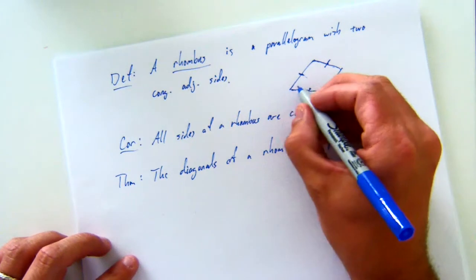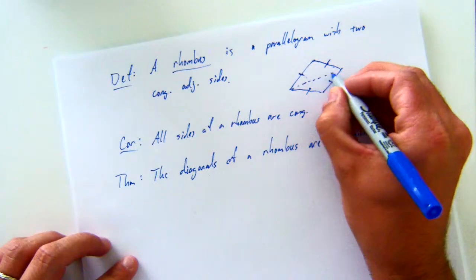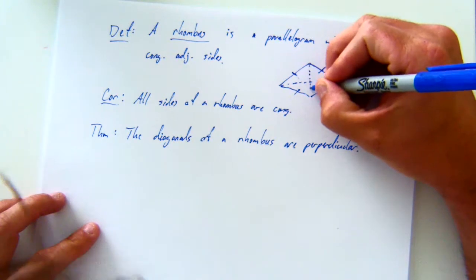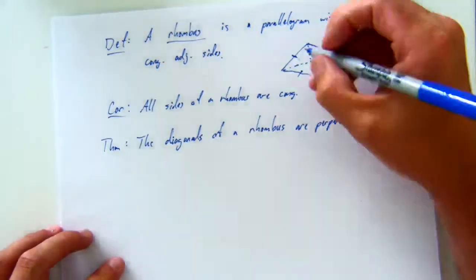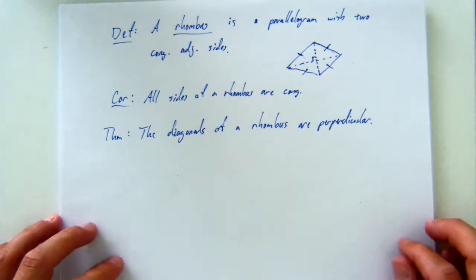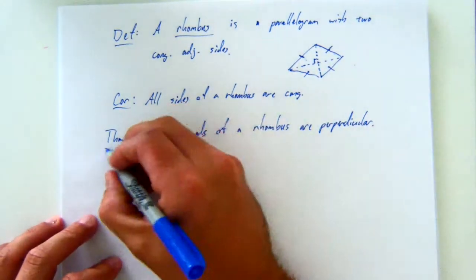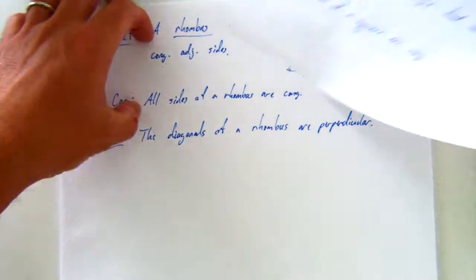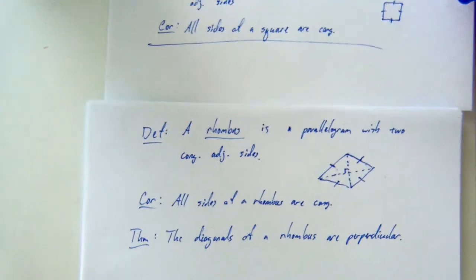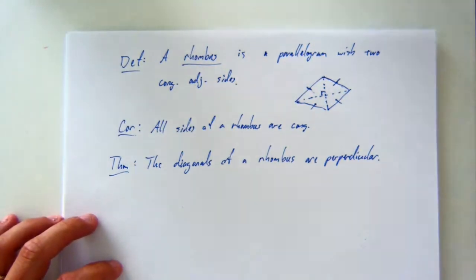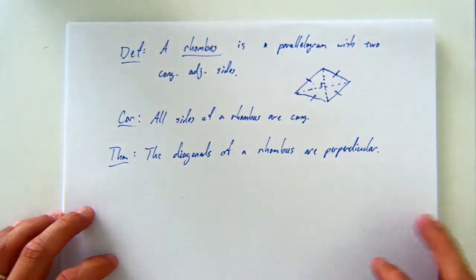If we were to draw these diagonals, if my drawing is somewhat to scale, then we can sort of see that these two diagonals are perpendicular to each other. I believe there's some proofs in your book. You should check those out. So there's three definitions, three corollaries, and two theorems about a rectangle, a square, and a rhombus.